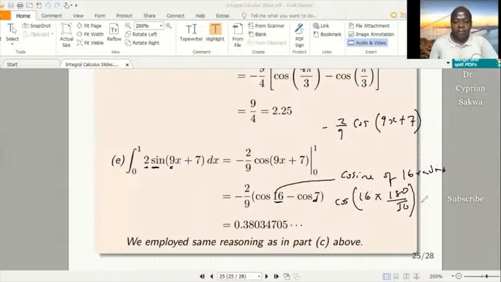And this other one is cos of 7 times 180 over pi. Now, when you do this with your calculator, this is what you arrive at, of course after multiplying that by negative 2 over 9.